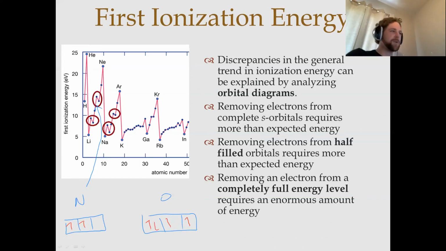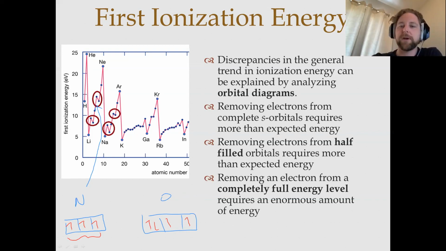So the pattern we're seeing here is it costs more energy to remove an electron from nitrogen than it does from oxygen. And this goes against the general trend where the numbers should get larger as we go to the right, where we see a discrepancy where oxygen actually gets a little bit smaller. And we can see that nitrogen starts with a half-filled p block, which is going to create extra stability.